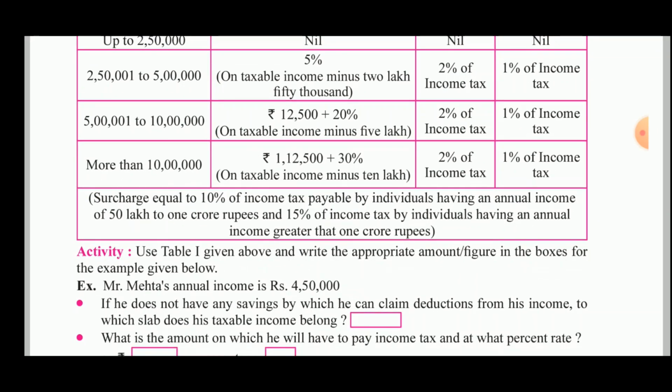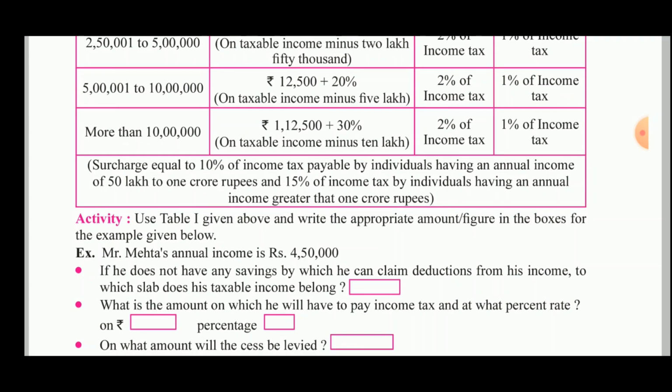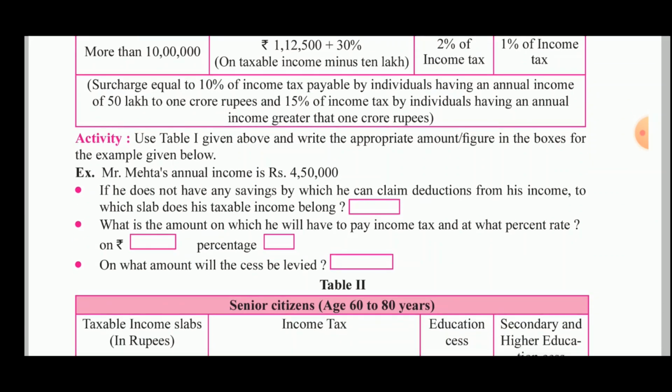Now, more than 10 lakhs, 1,12,500 plus 30% on taxable income minus 10 lakh, and 2% of the income tax and 1% of the income tax. Surcharge equal to 10% of income tax payable by individuals having an annual income of 50 lakhs to 1 crore rupees, and 15% of income tax by individuals having an income greater than 1 crore rupees.